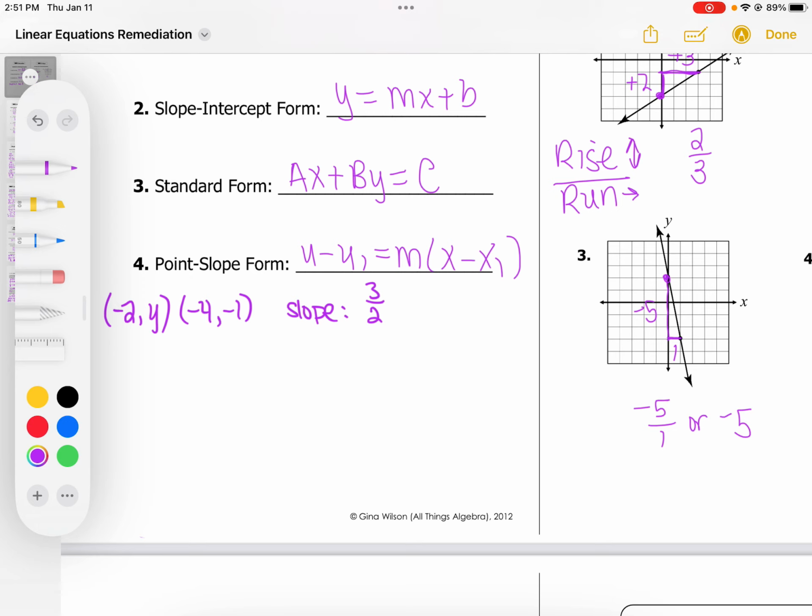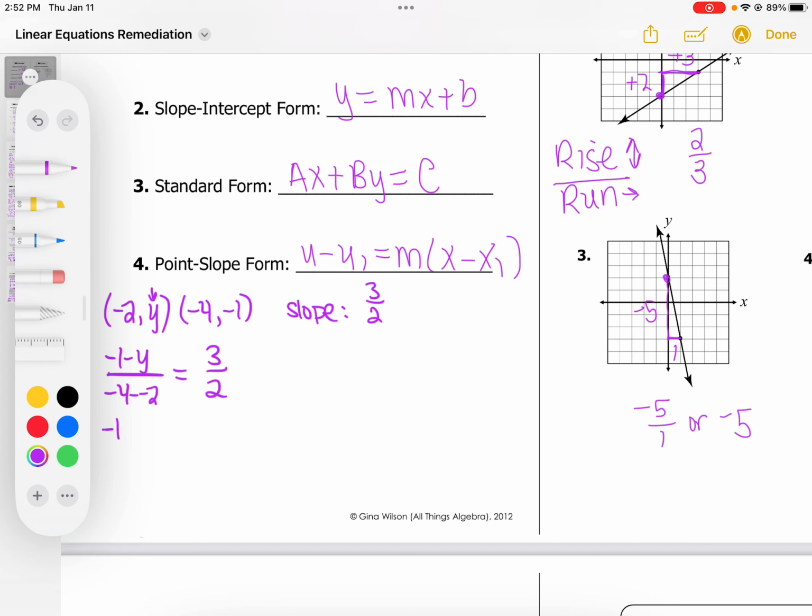First of all, if we know the slope of this line is 3/2, and we need to find the missing value of the ordered pair here for this to be true, why don't you start using the slope formula? The slope formula says take -1, subtract y, divide that by -4 minus -2, and this should equal 3/2.